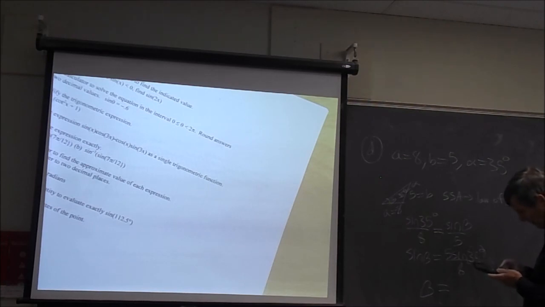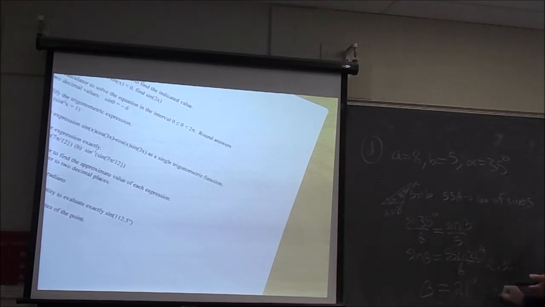I'm going to carry more digits. I'll just put arc sine and answer. So I'll take inverse sine, answer, and get 21.0 something degrees. So approximately 21.0 degrees for beta.